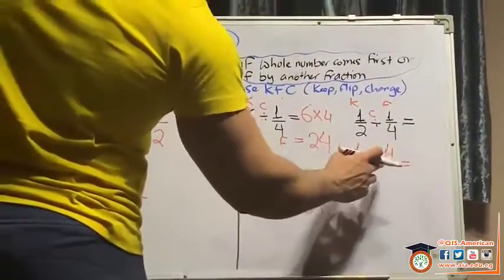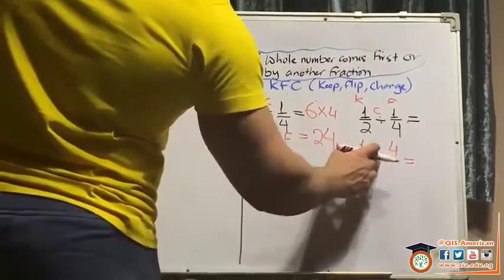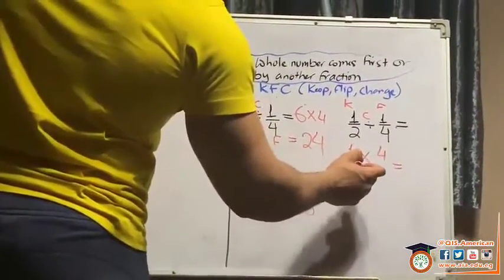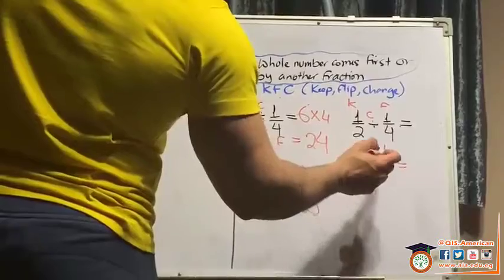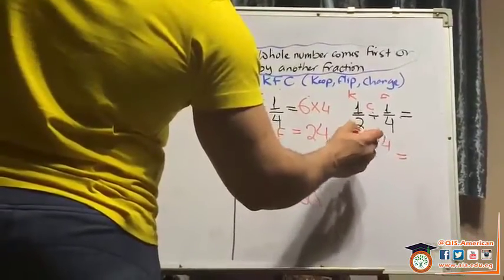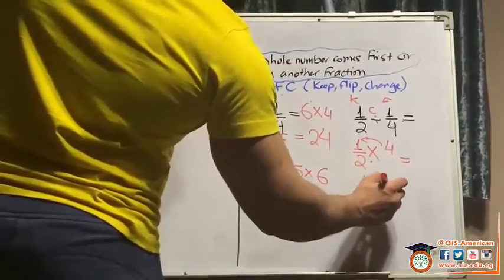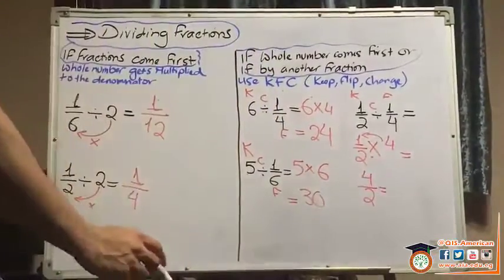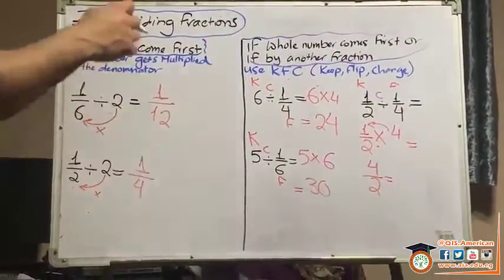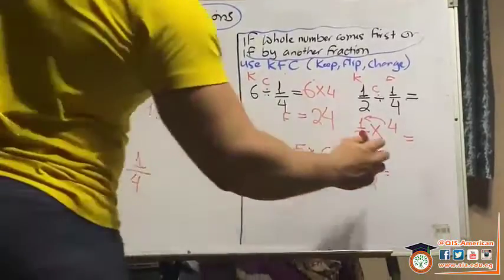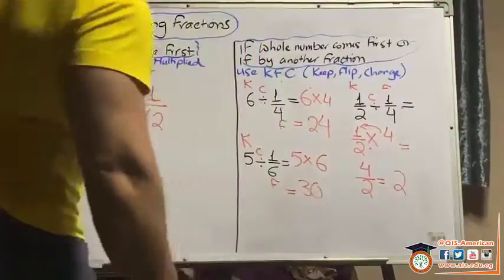Okay, because now I have a fraction multiplied by a whole number. In the multiplication case, the whole number goes to the numerator, right? So now I have 4 over 2, okay? What's 4 over 2? 4 divided by 2. Which number, if multiplied by 2, gives me a 4? It's 2. So the answer is 2.